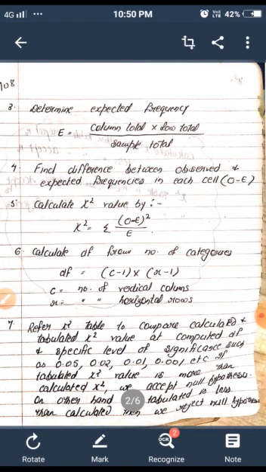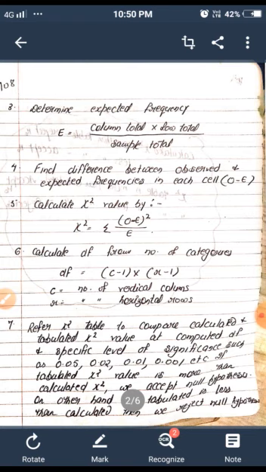And then we will refer to the chi-square table value. So here the question is, what is the table value? Table values are always given. It is already given in your book. You will compare the table value to the calculated value.